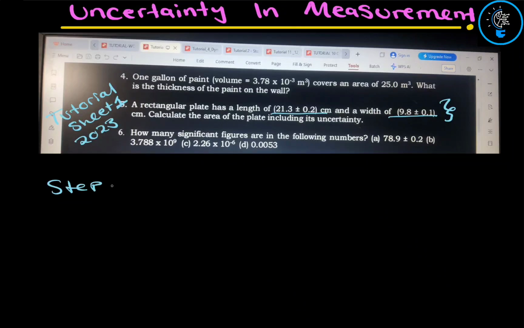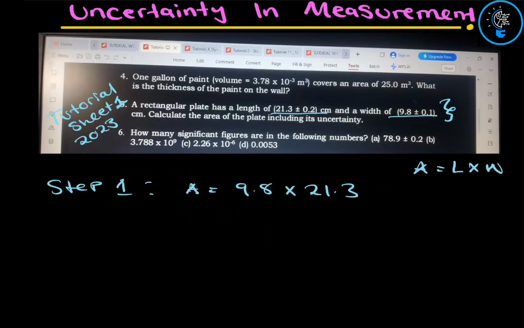Okay, as usual, our step 1 will be calculating the central values. So we're dealing with what? Area. We know that area is equal to length times width. So we're going to say area will be equal to 9.8 times 21.3.